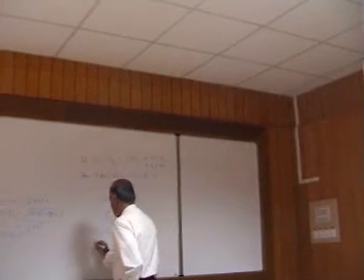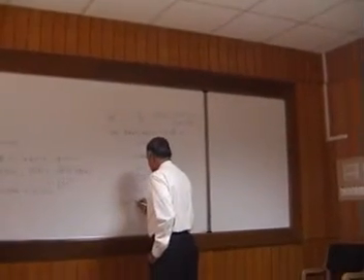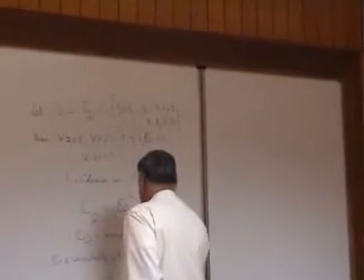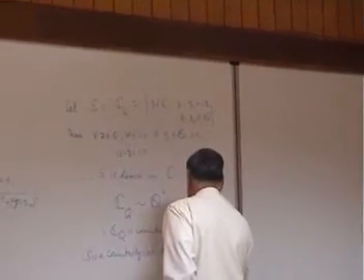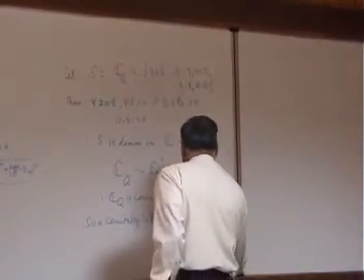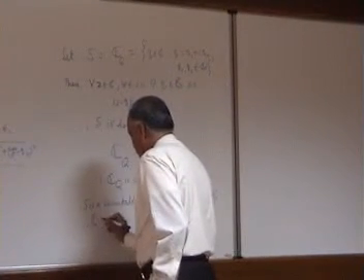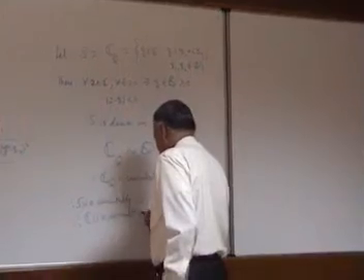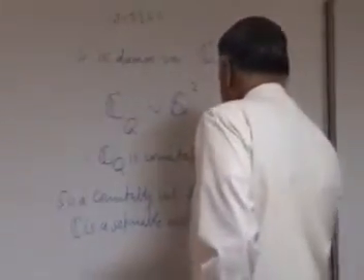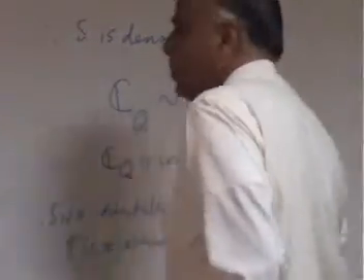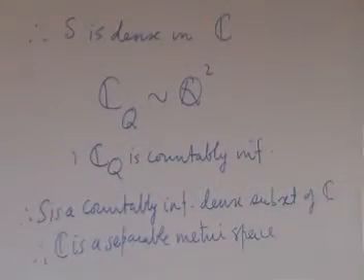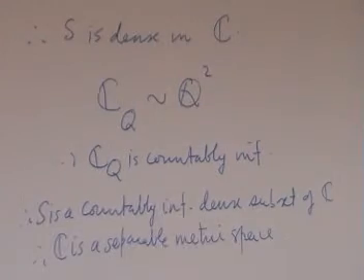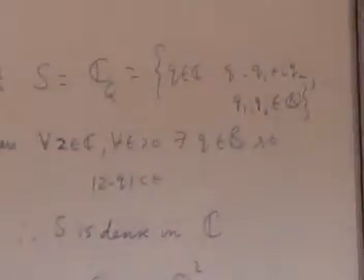So S is a countably infinite dense subset of C, therefore C is separable with this metric. You must remember that in all this discussion the metric plays the role. We are approximating with respect to that distance concept. So with this metric the complex numbers form a separable metric space.